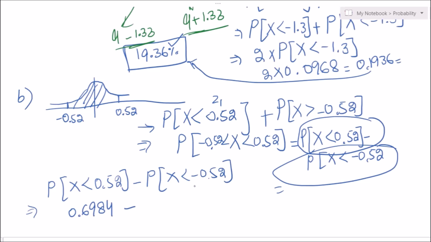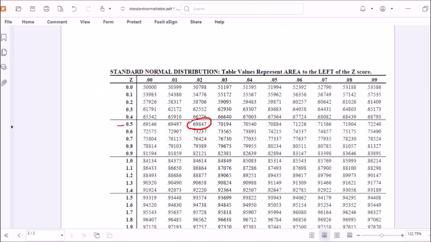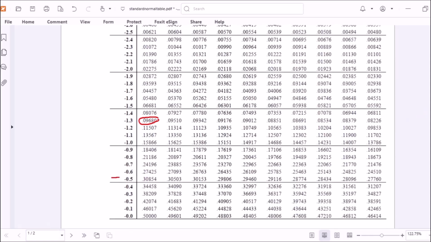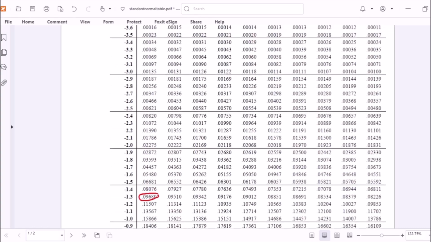And x less than minus 0.52, so minus 0.5 is here, and this is minus 0.52. Let me see.